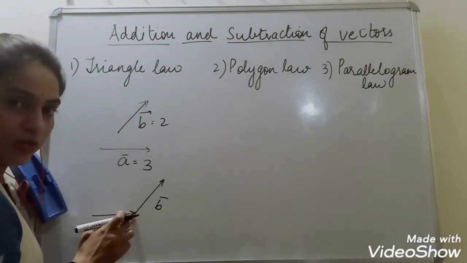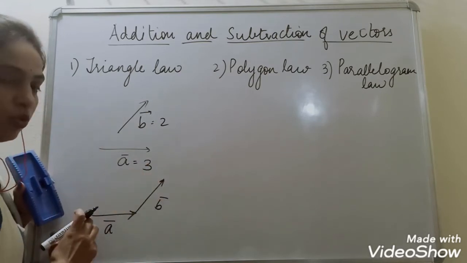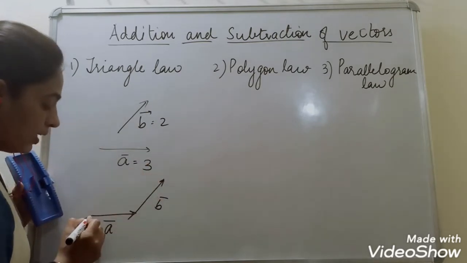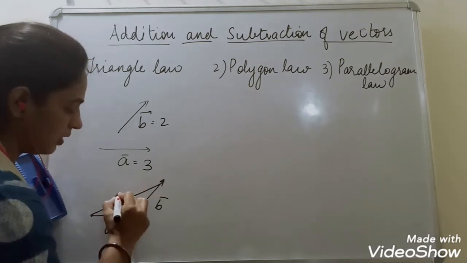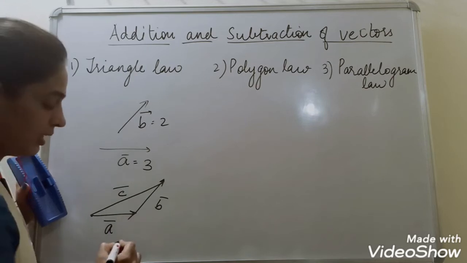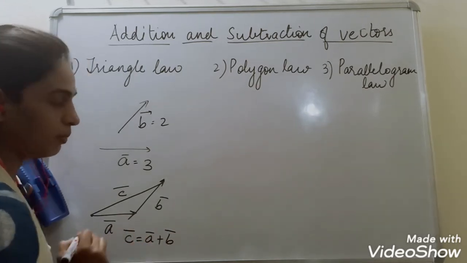So head of the first vector joins the tail of the second vector. Then how do we get the resultant? Join the tail of the first to the head of the second. So this gives you vector C, which is the resultant. So we get vector C is equal to vector A plus vector B.